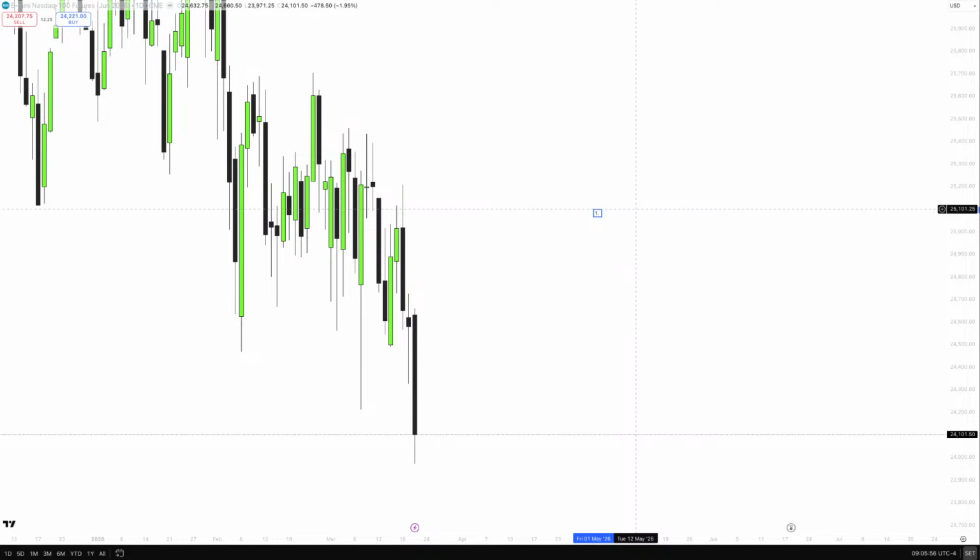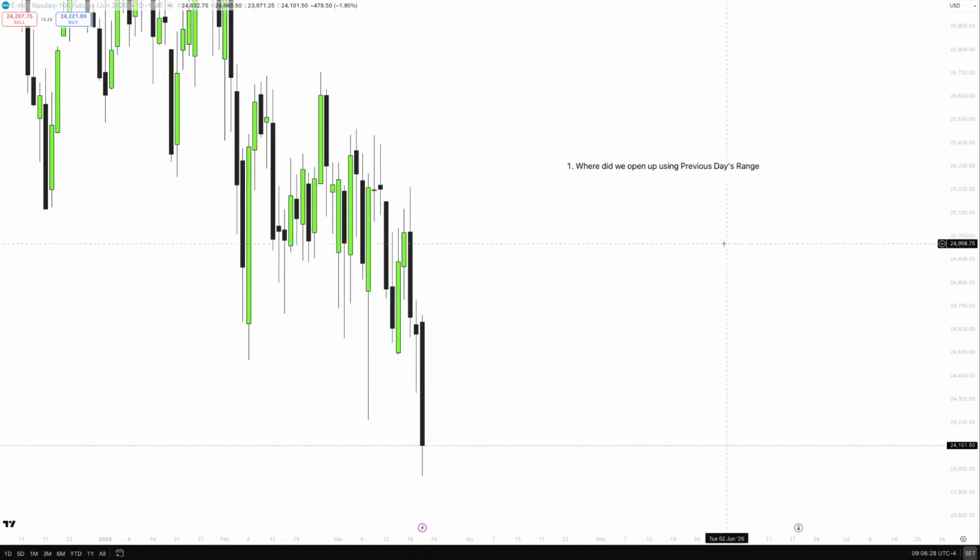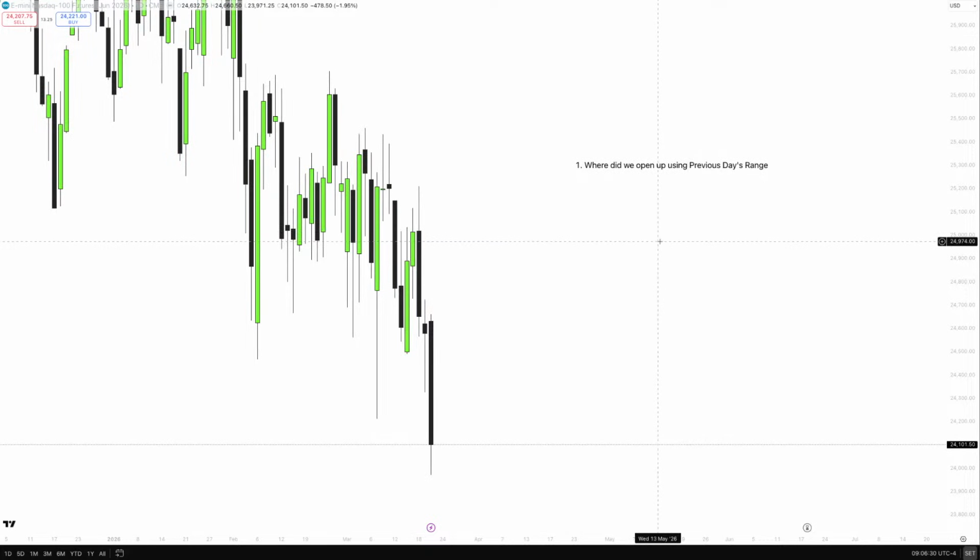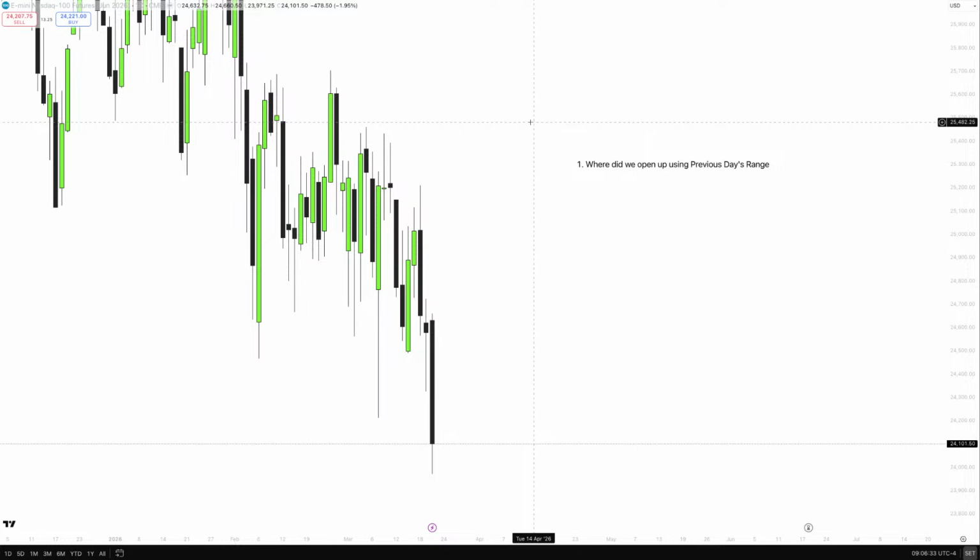And the first thing I'm looking at is: where did we open up using previous day's range? So this is the first factor I'm looking at, and it's pretty simple.